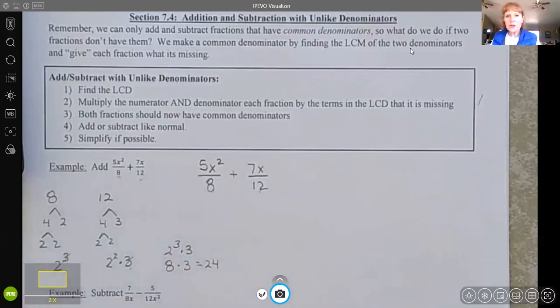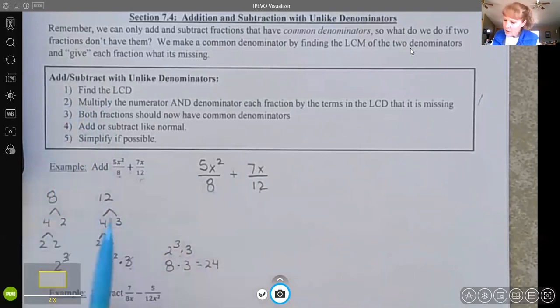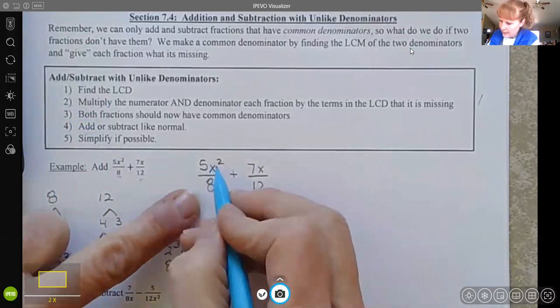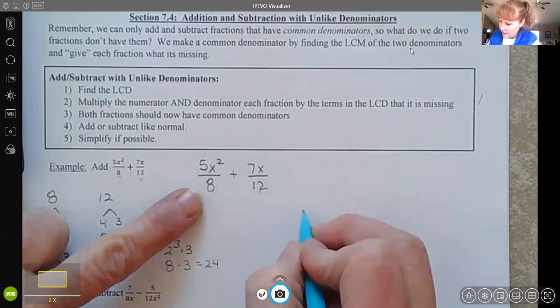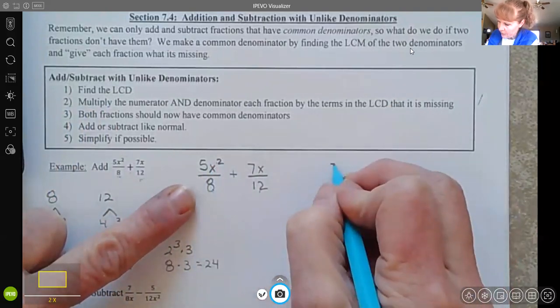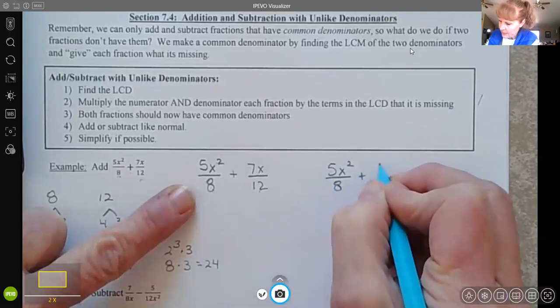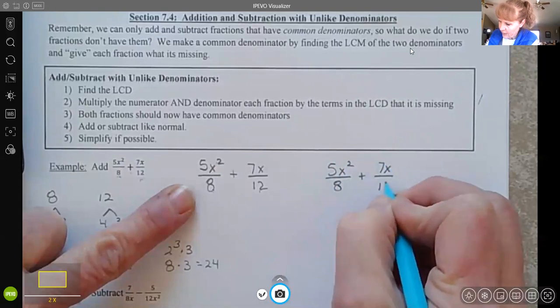Okay, now we're going to do what's different that we didn't do in the last section, and that is we're going to rewrite these fractions with a common denominator. So up here, it's going to be this step 2 up here. So here, what we're going to do is, instead of this fraction, I'm going to have x squared over 8 plus 7x over 12.